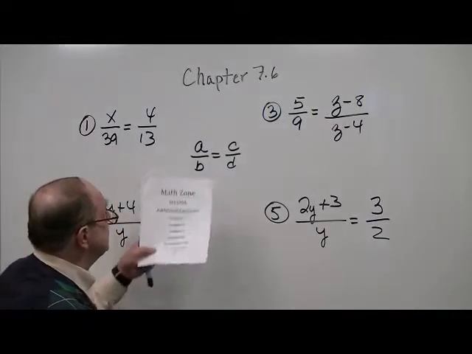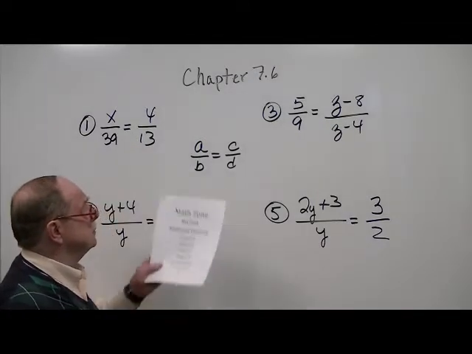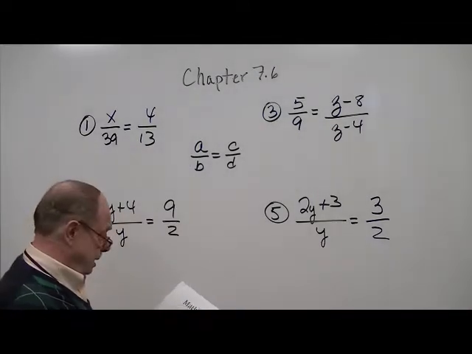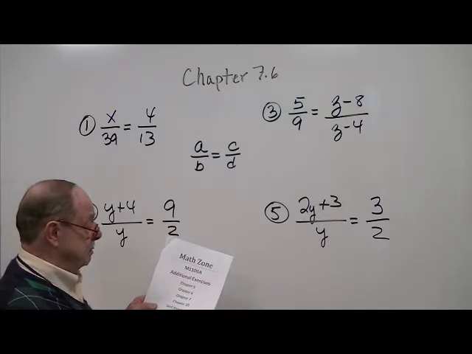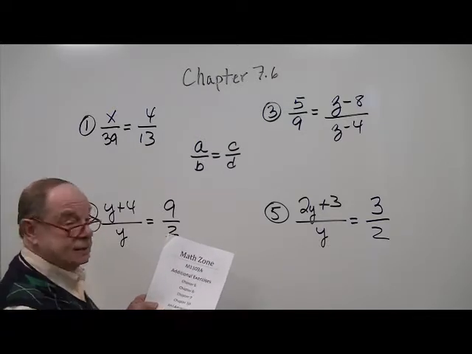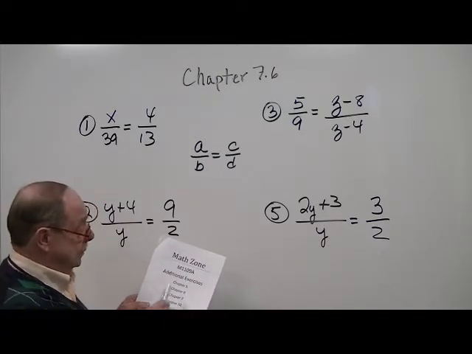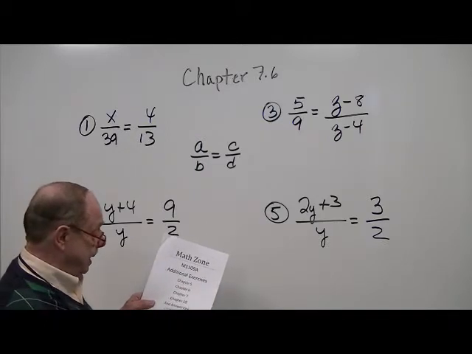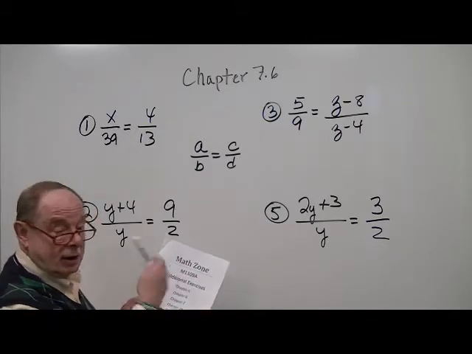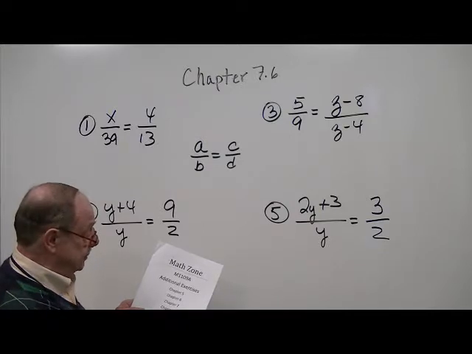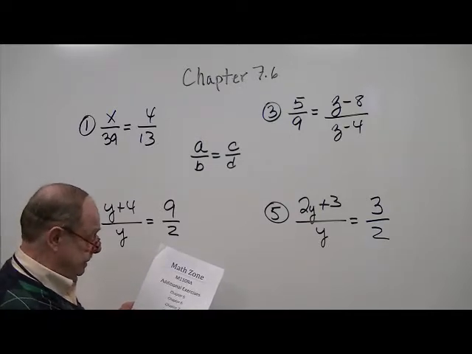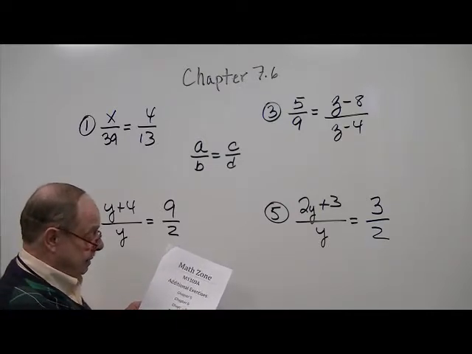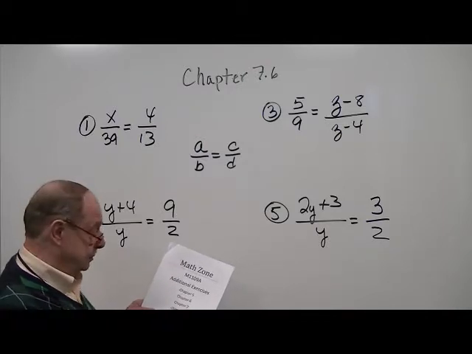Okay, as we continue with material from Chapter 7, we're using the Math Zone Additional Exercise booklet for Math 1109. Again, in our other videos, we covered Chapter 5, 6, and we're doing items now from Chapter 7.